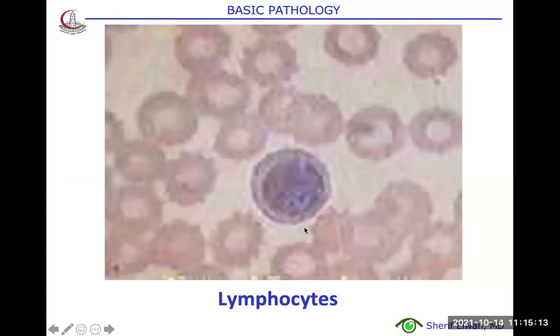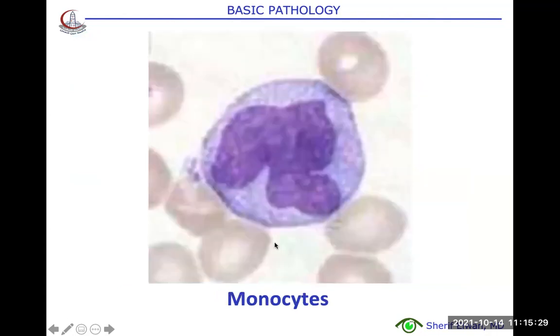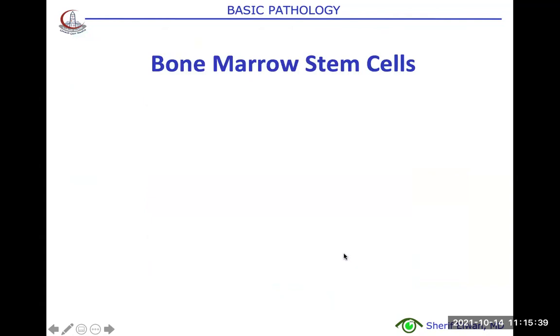Lymphocyte with a big nucleus taking the major part of the whole cell with scanty cytoplasm around, and its surface, when studied by the scanning electron microscope, is full of cilia. Monocytes have a multi-shaped or pleomorphic nucleus.